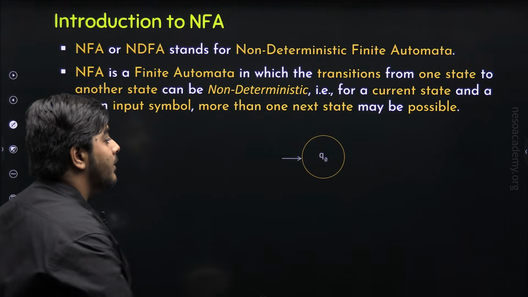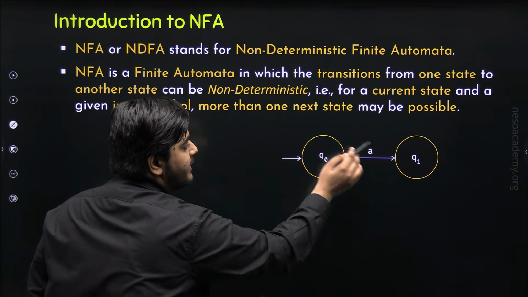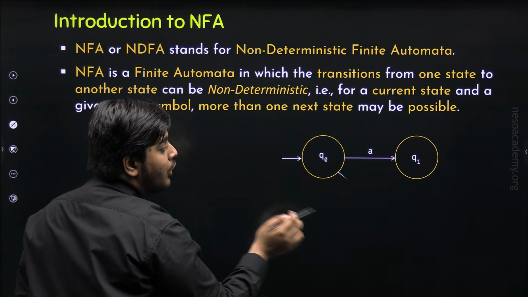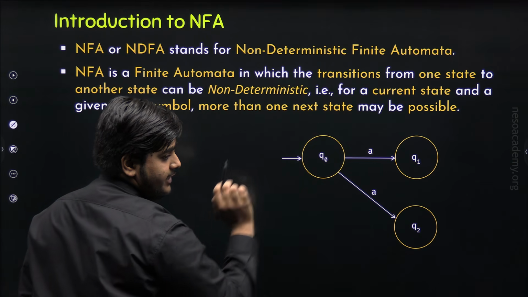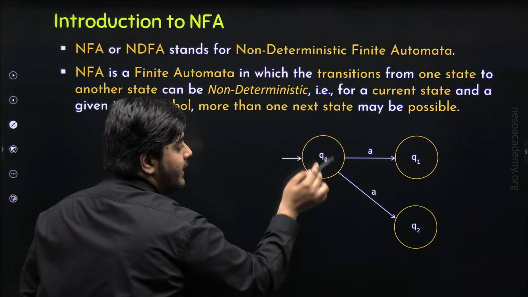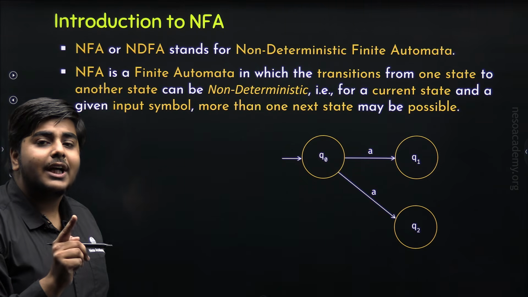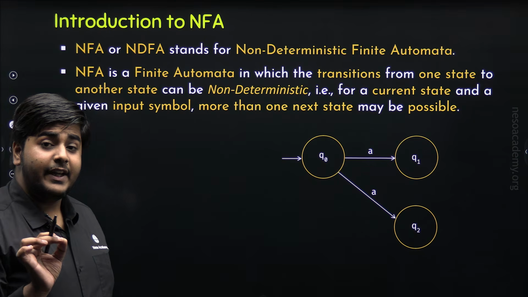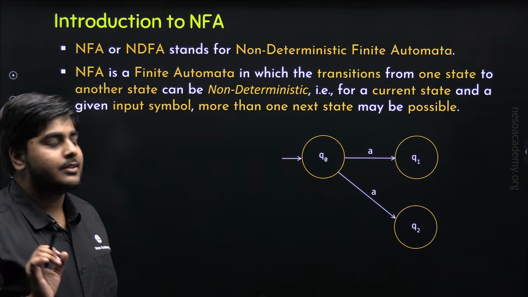For example, if there is a transition from state Q0 to Q1 on input symbol A, and there is one more transition from Q0 to Q2 on input symbol A, this is a non-deterministic behavior because we are getting more than one next state for the current state Q0 on the same input symbol A. This was not allowed in DFA, but it is totally allowed in NFA because NFA allows non-deterministic or not unique transitions.